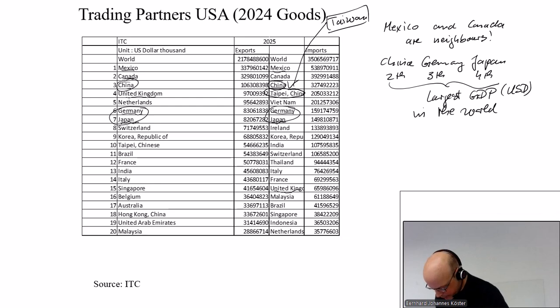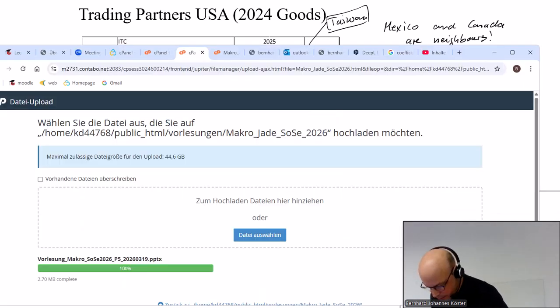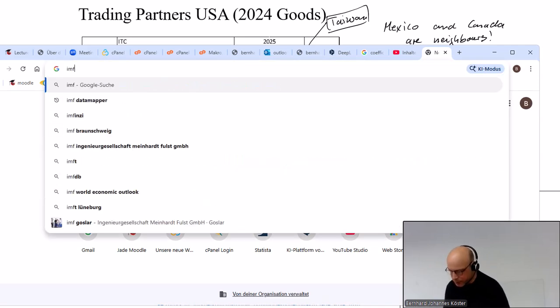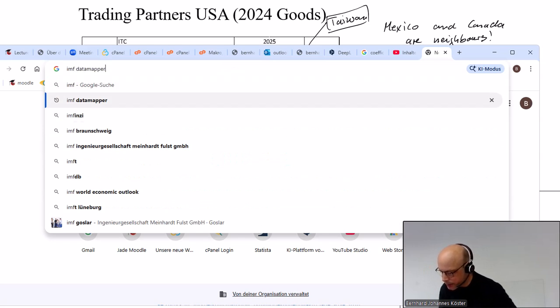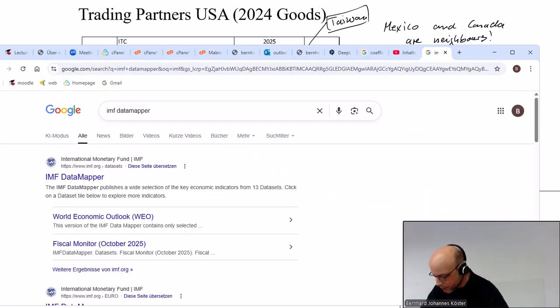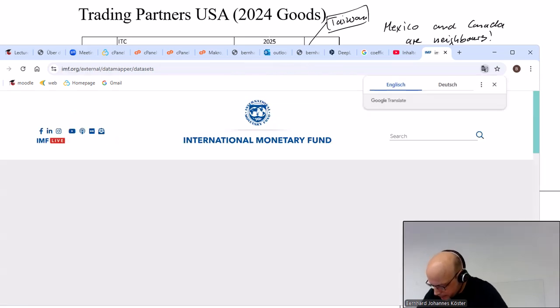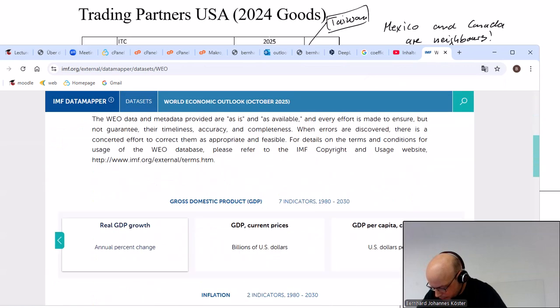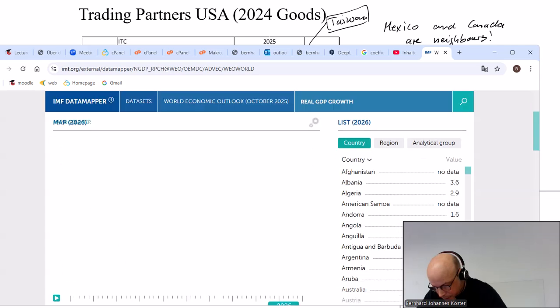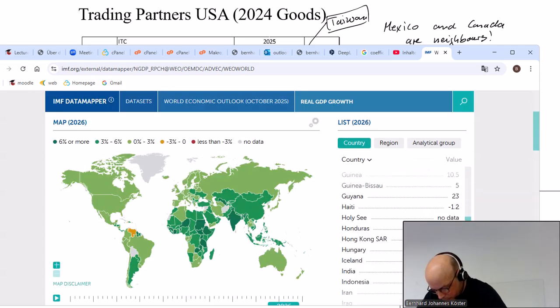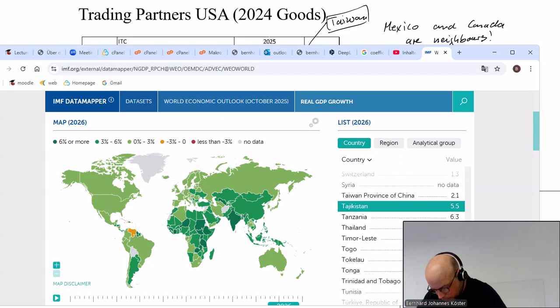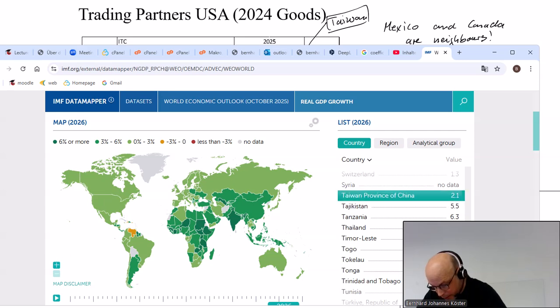Let's have a look if we can find this. I think you also participated in my macro course, and there your task was to use the IMF database. Let's see. Is it possible to find Taiwan? Yeah, here you even find, yeah, this was it. Province of China.